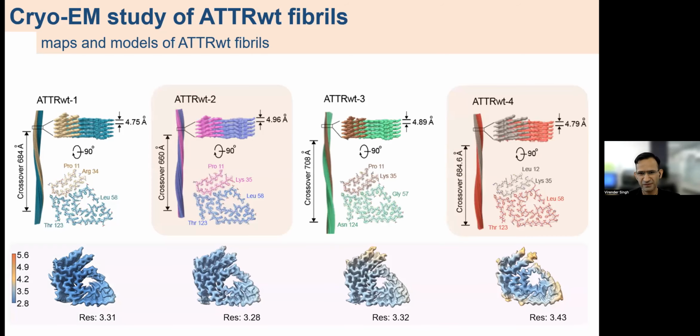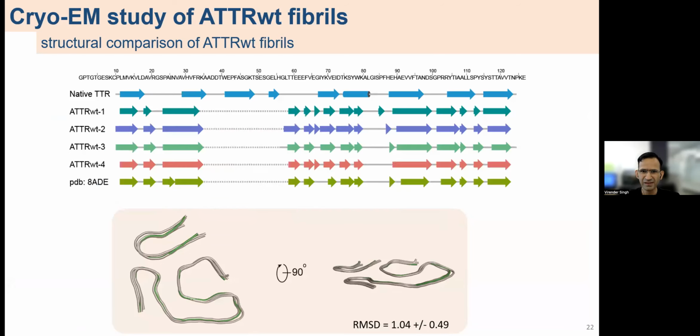Upon solving the structure from all 4 cases, we observed similar conformation, which is a closed conformation. This closed conformation has a polar channel, and it is very consistent in all the 4 cases. We also observed similar secondary structural composition for all the 4 patients, as well as the one structure which was solved by another group.